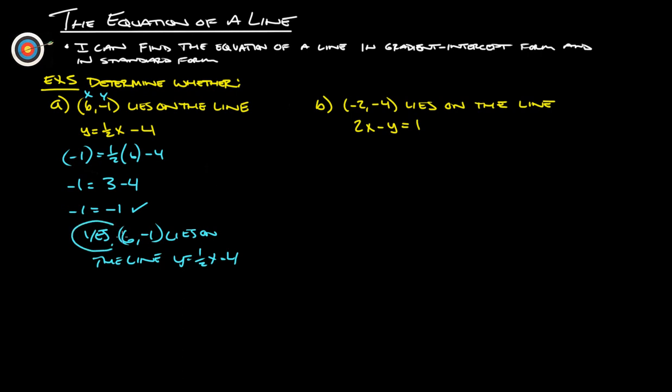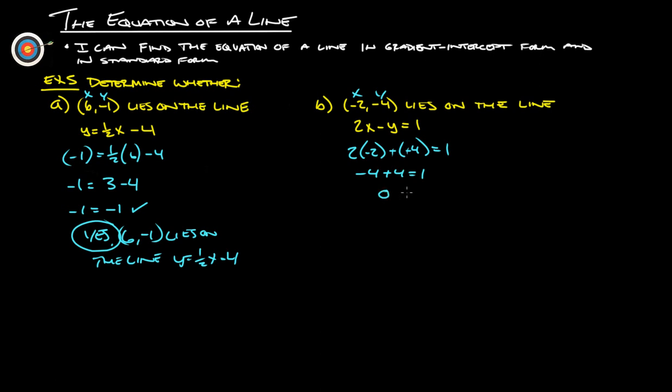You'll be able to get away with just putting down yes, it's on the line, but I'm trying to be extra thorough. Now, does (-2, -4) lie on the line 2x minus y equals 1? Same idea. This is our x, this is our y, and we just plug stuff in. 2 times -2 minus -4: does that equal 1? 2 times -2 is -4, and minus -4 turns into +4.